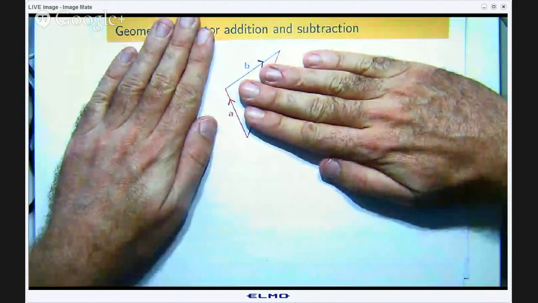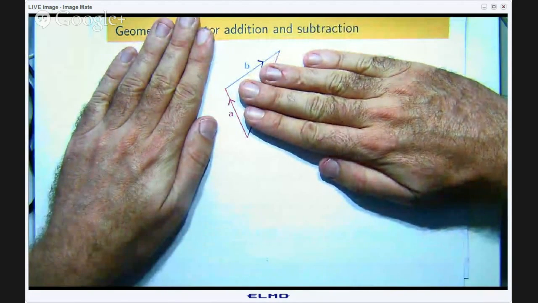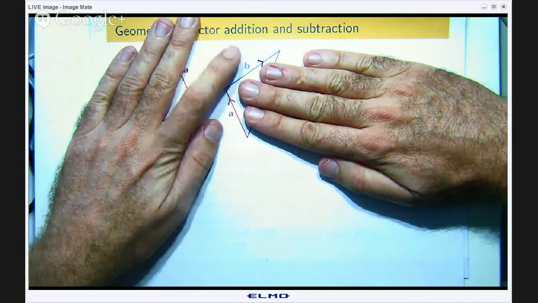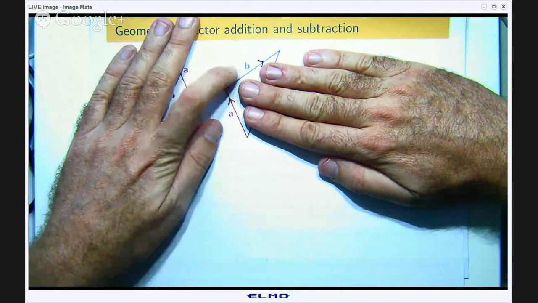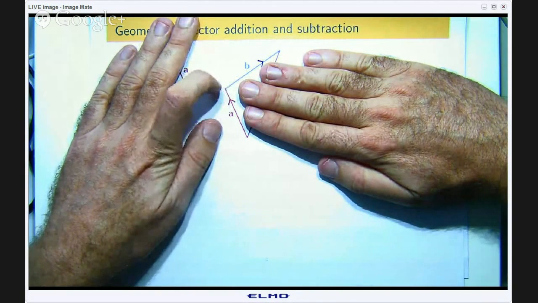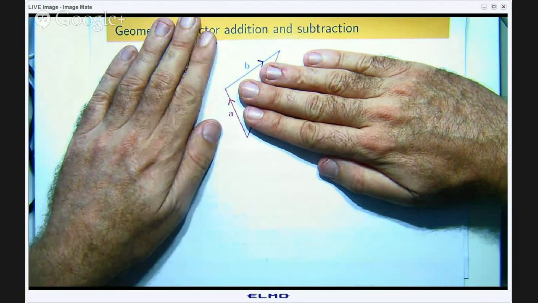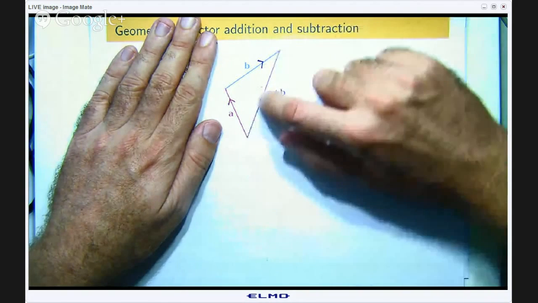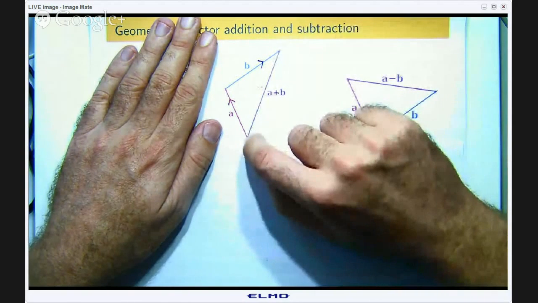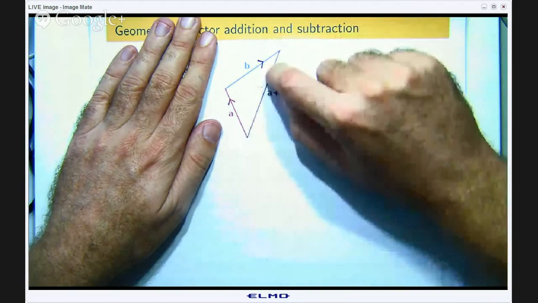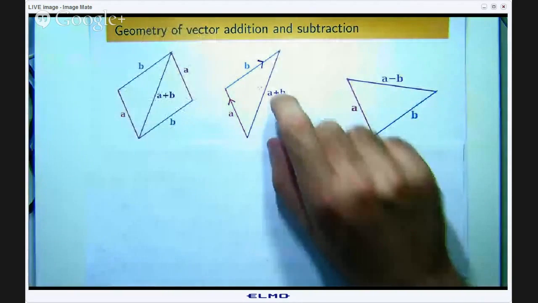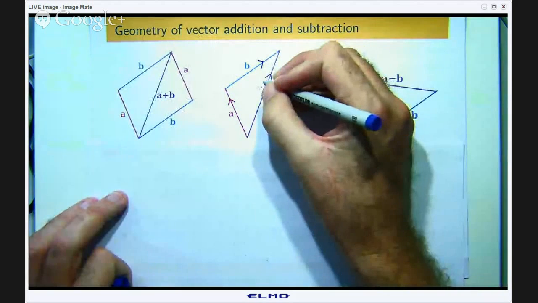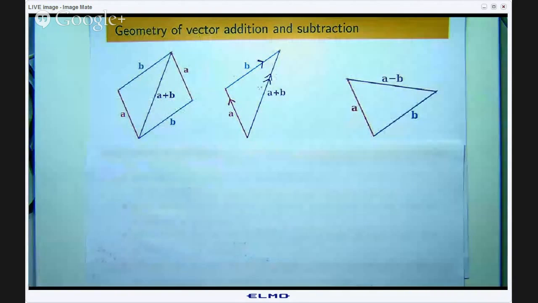Let's say I've got vectors A and B, and I wanted to add them together. What I can do in this picture is move B so that the tail point of B starts at the head point of A. Then I draw a third line segment from the tail point of A to the head point of B, and I actually get a triangle, which is the sum of the two vectors.